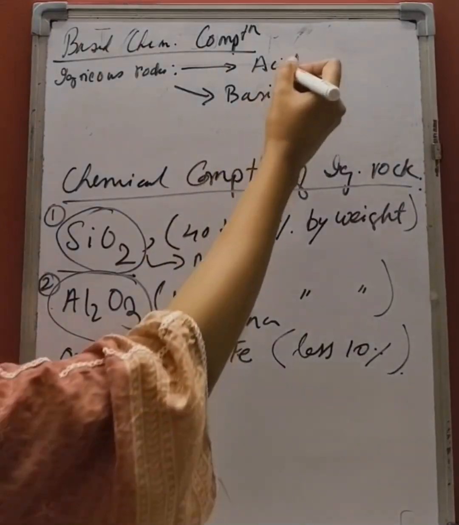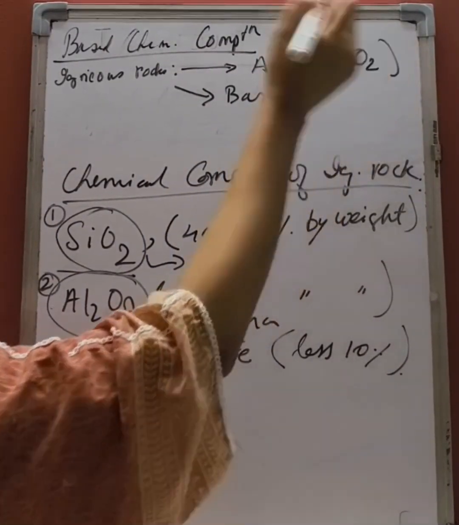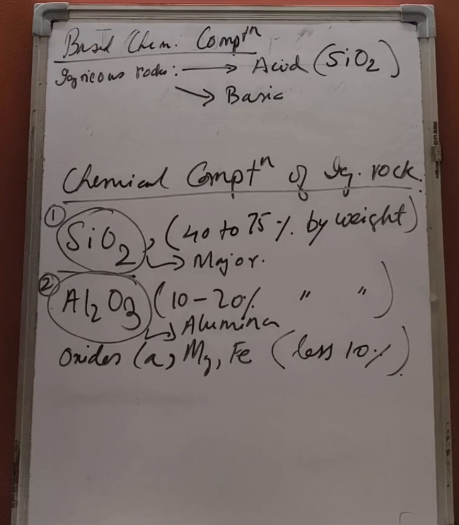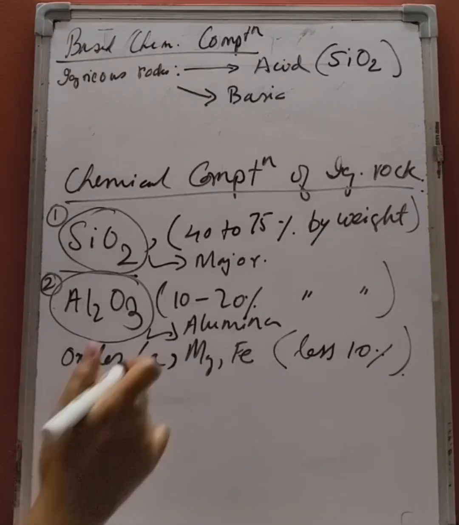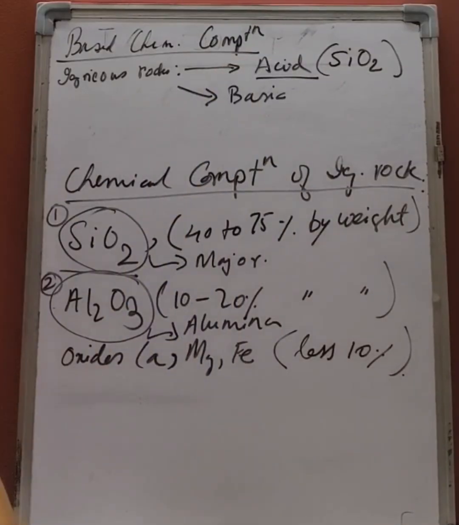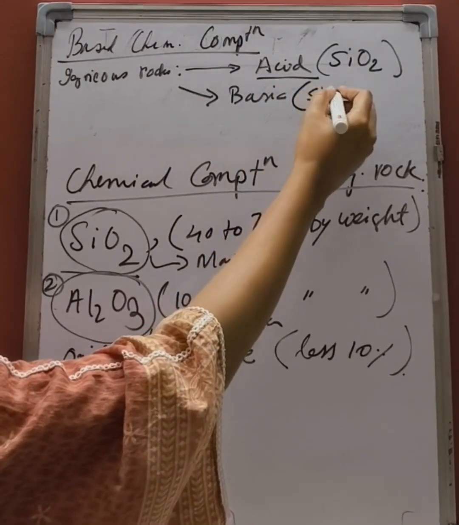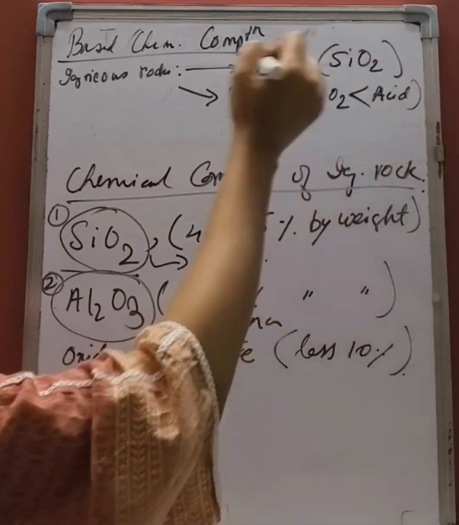Acid rocks are those which have a higher amount of SiO2. These are the acidic rocks. Then basic rocks. In basic rocks silica will be there, but it will be less than in acidic rocks.